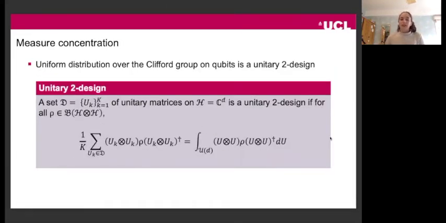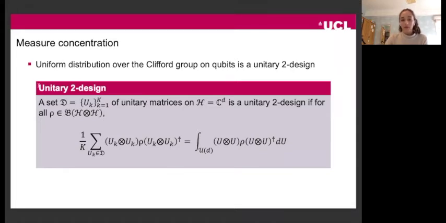Then we also discussed that we might want to choose random stabilizer tensors, and that previous thing was true for Haar random states. So we generated the random stabilizer tensors by instead applying a random element of the Clifford group, and the Clifford group on qubits and qudits is a unitary 2 design if the qudits are of prime dimension.